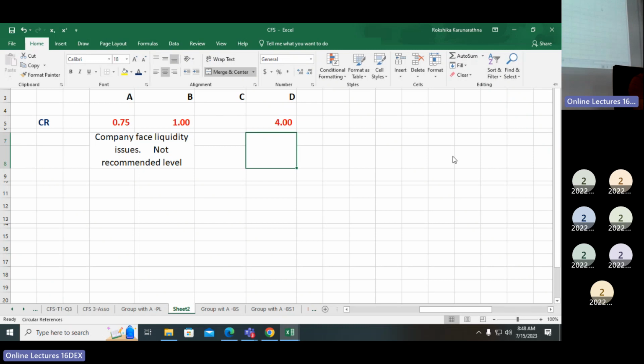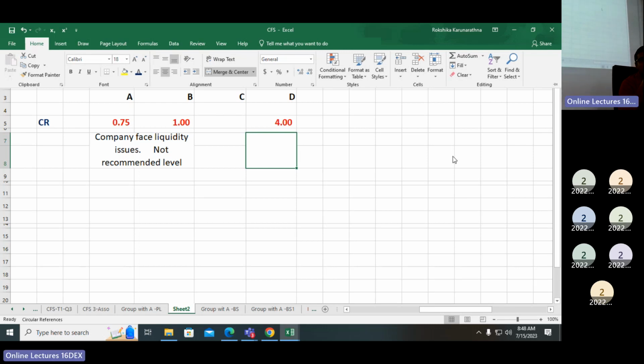No liquidity issue. But still this is not recommended because a business can have a large amount of cash balance in the bank current account and maintain a very high current ratio. But you will not get any benefit out of it, right? You can have very large stock that you are going to sell over the next entire 12 months, purchased at once, and you can maintain a very high current ratio.